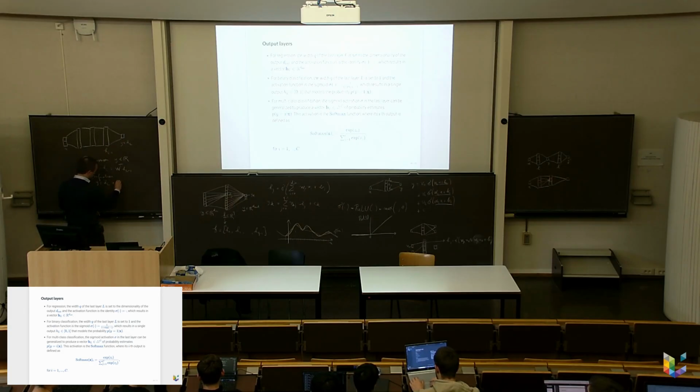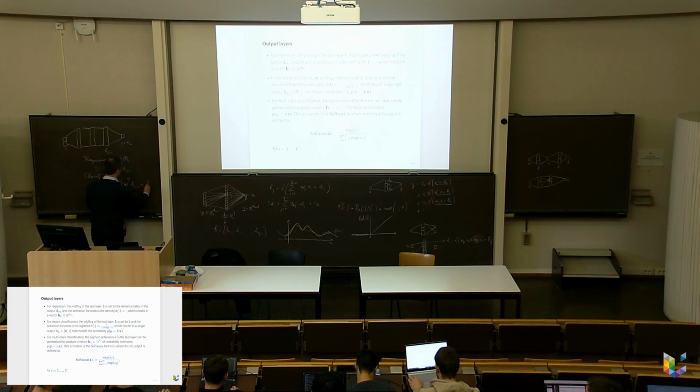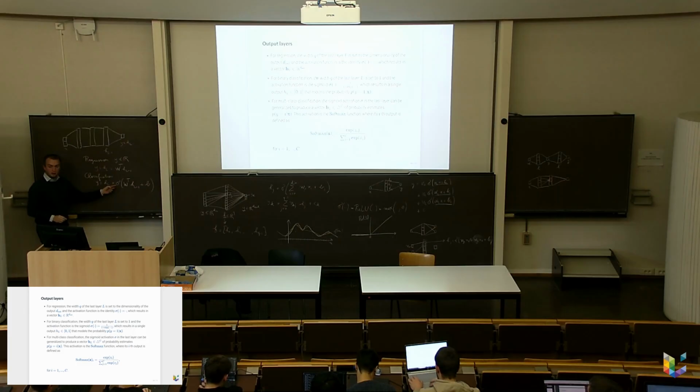So in this case, using a sigmoid activation function of some weighted sum of the elements from the previous layer. And then you can interpret this number, for example, as the probability value that you associate to the positive class given X.